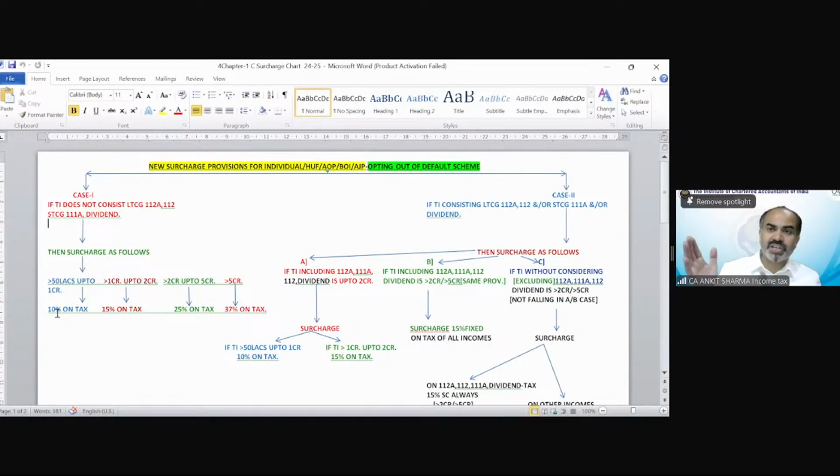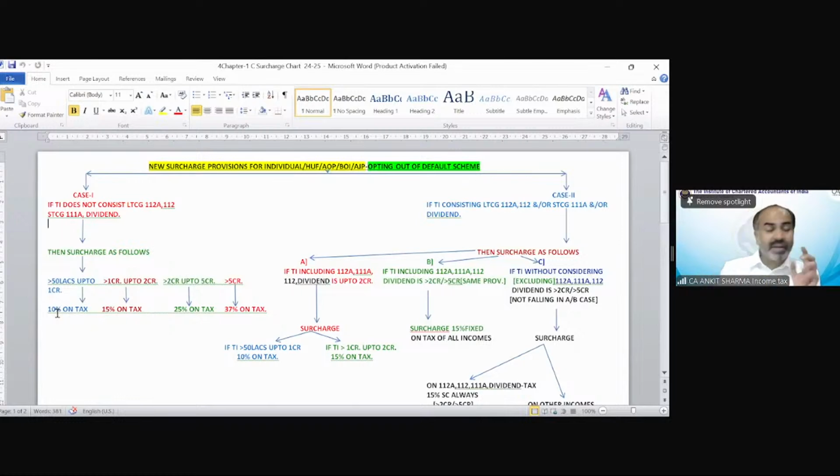There is no surcharge if your total income is less than 50 lakh. Between 1 crore till 2 crore, it's 15% of tax. More than 2 crore up to 5 crore, it's 25% on tax, and more than 5 crore, it would be 37% on tax. This is when you are not following default tax regime.